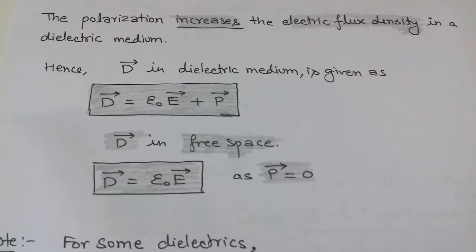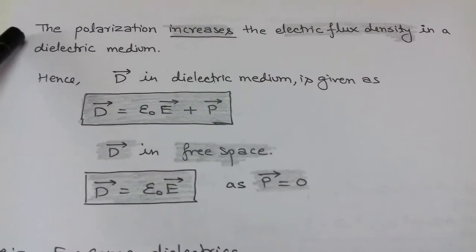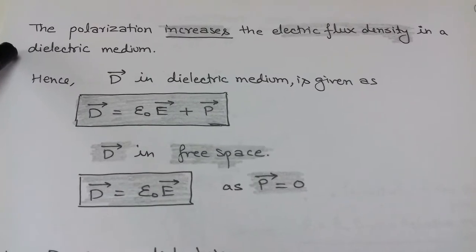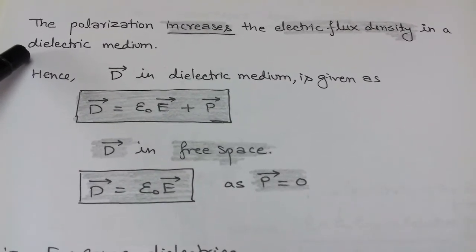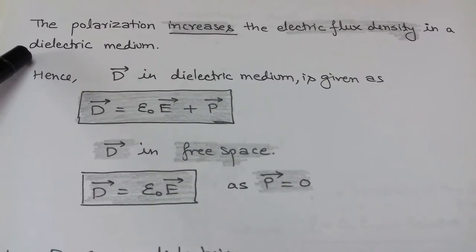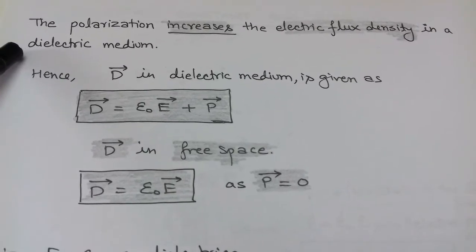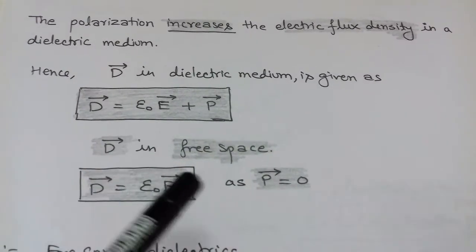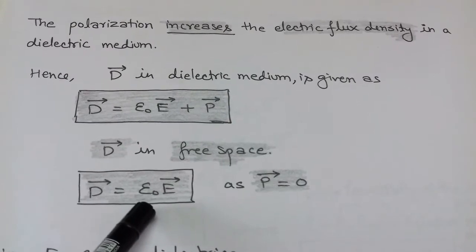Now, polarization increases the electric flux density in the material medium. The electric flux density in free space is denoted by D equals epsilon E. We know that.